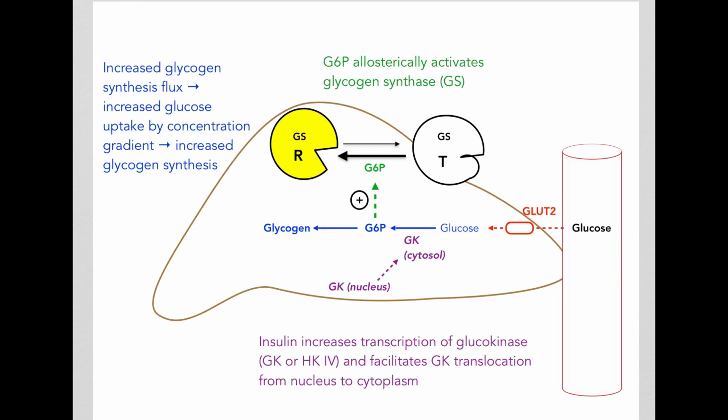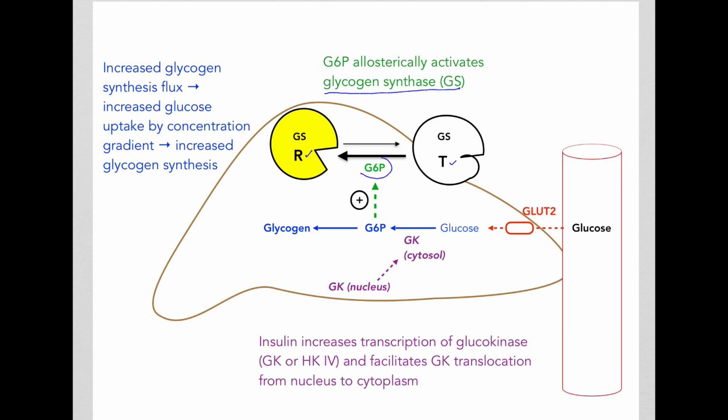A key enzyme for glycogen synthesis is glycogen synthase, or GS. As you can see, the GS can exist in the relaxed form, which is the very active form, or it can exist in the T or tense form, which is the inactive form.